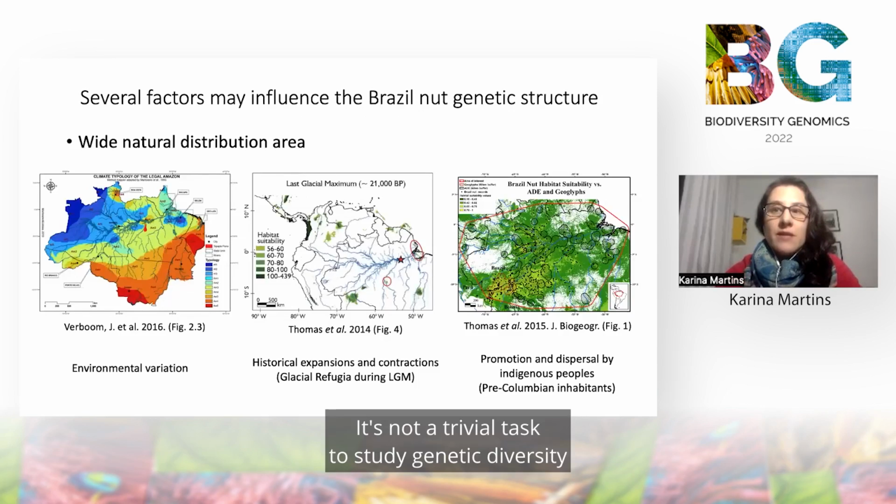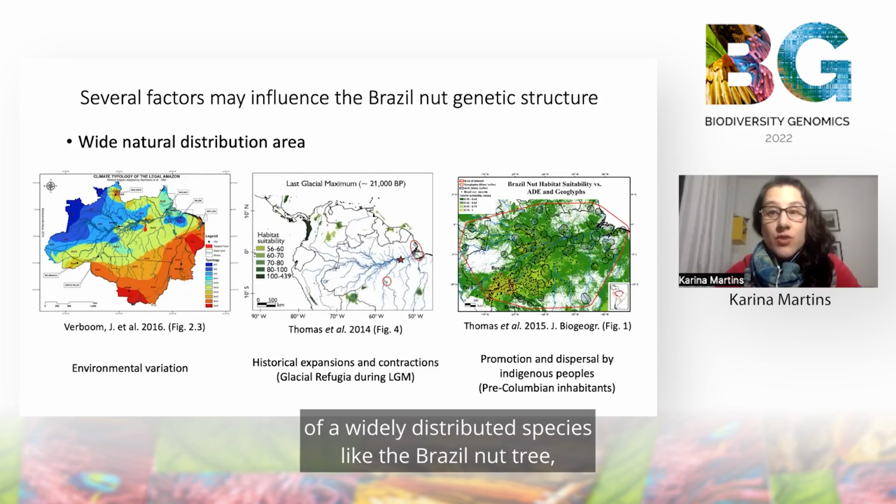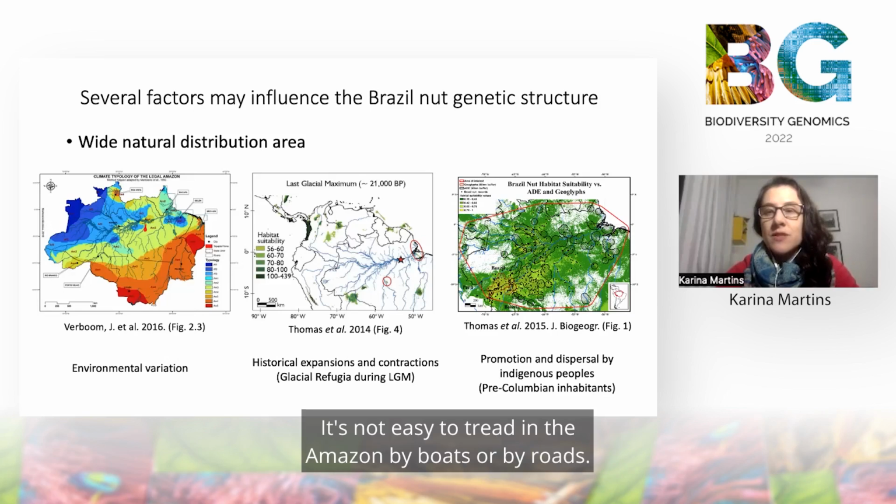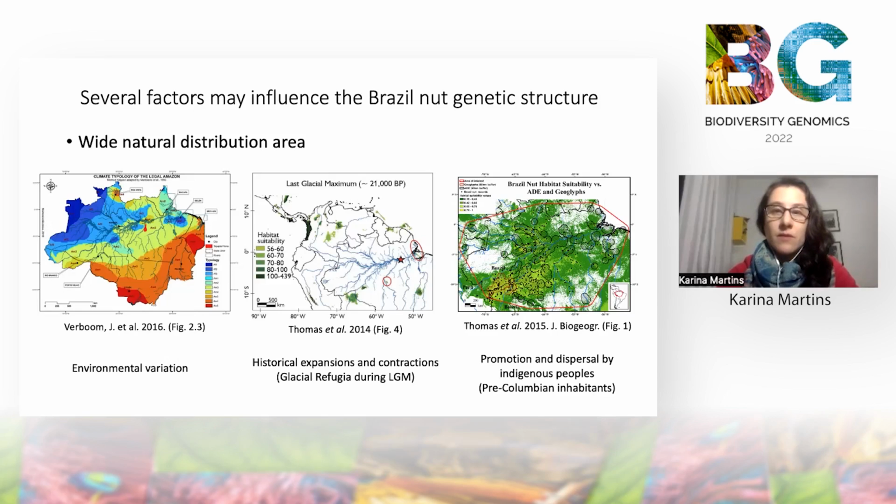It's not a trivial task to study genetic diversity of a widely distributed species like the Brazil nut tree, especially if the species is distributed across a continuous forest. It's not easy to travel in the Amazon by boats or by roads. It's a challenge.